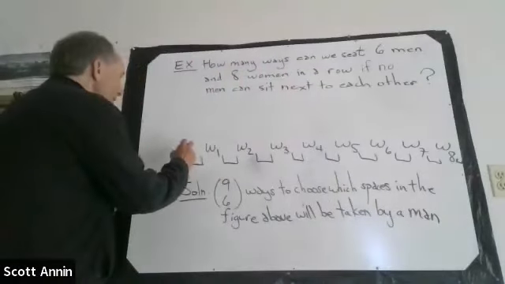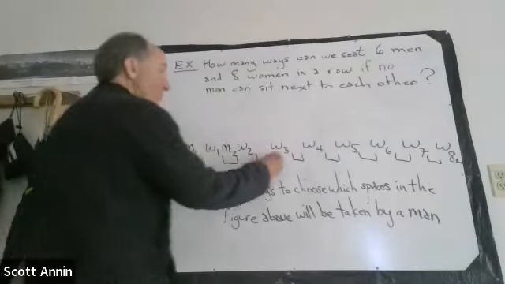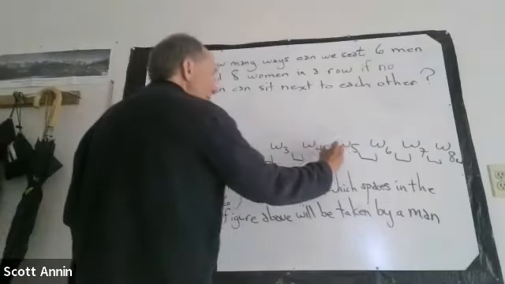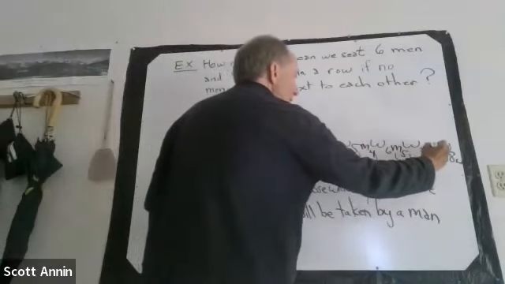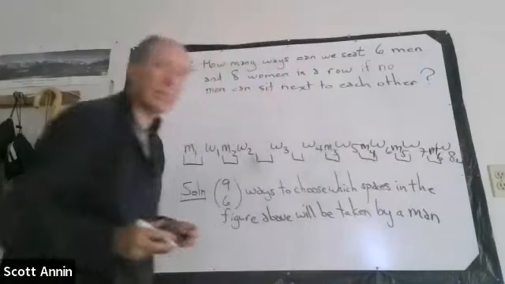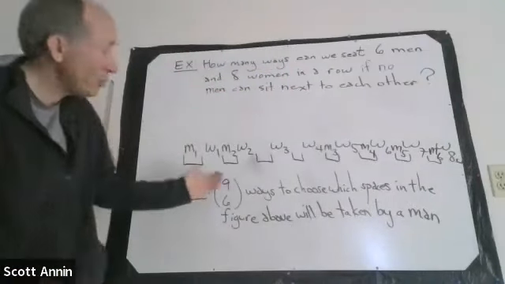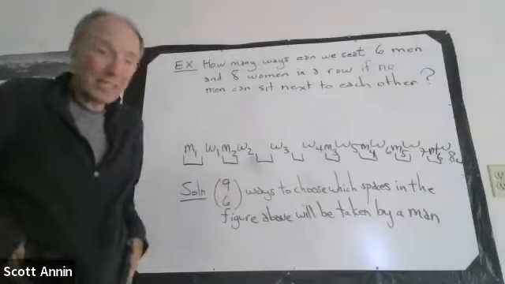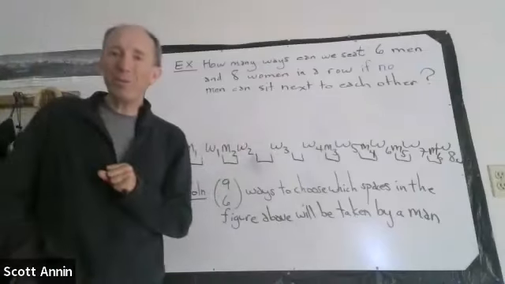So maybe a man is going to sit here, maybe no man sits here, maybe no man sits here, maybe there's a man here, maybe there's another one here, another one here, and another one here, and maybe nobody sits in the far right space. That's one of these 9 choose 6 possible choices. We're choosing the seats that those men are going to occupy.